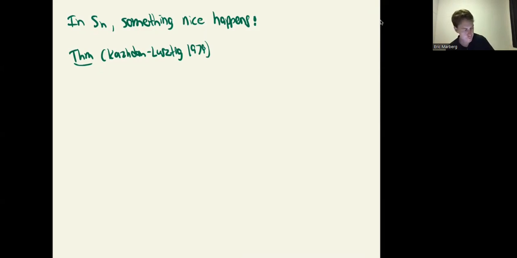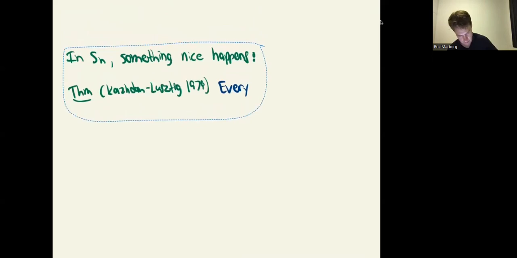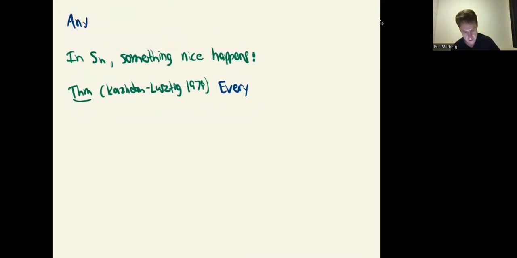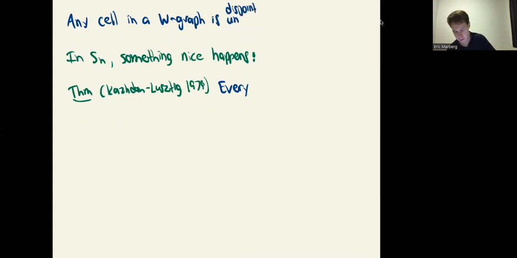Before stating the full theorem, generally, any cell in a W graph is a disjoint union of one or more molecules. So the molecules are giving you a finer decomposition than the cells.